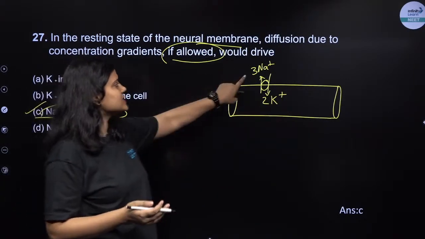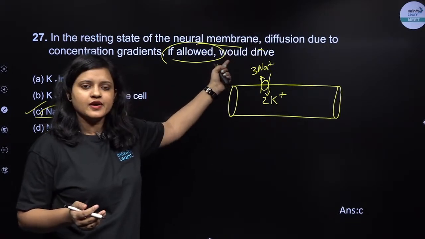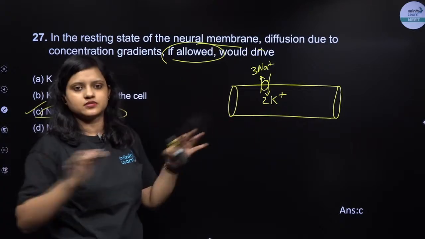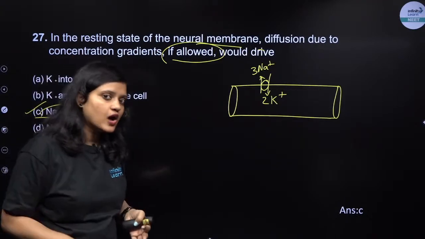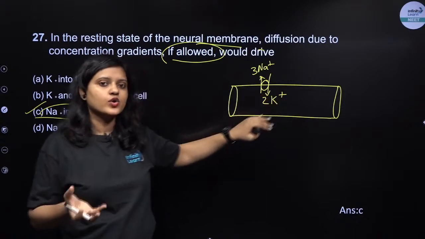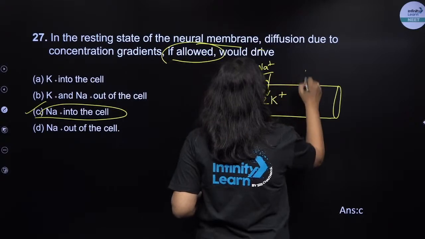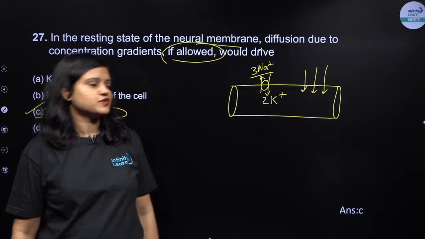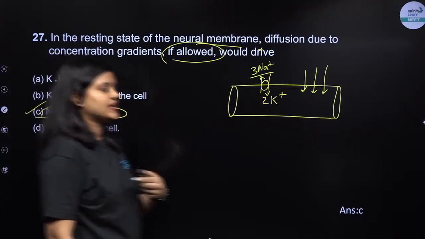So ultimately you can see there are more sodium ions on the outside in the ECF, but these sodium ions cannot come inside because our membrane is impermeable, and permeability is very less for sodium. But if allowed, more sodium is outside and less sodium is inside, so obviously due to diffusion these sodium ions will come inside. Right? So the correct option for this question will be C. Let's move on to our next question.